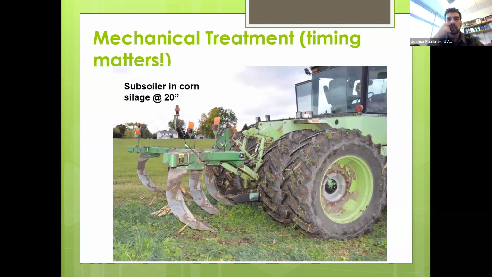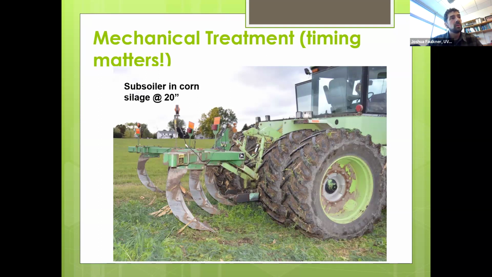Just a quick note on this, we've talked a lot about subsoiling with farmers this fall, and if you do choose to subsoil, it's very important to note that timing matters. It has a controlling influence on the effectiveness of your subsoil operation, because if you subsoil when the soil is still moist, you'll just end up slicing through the subsoil, and that's just wasting diesel.